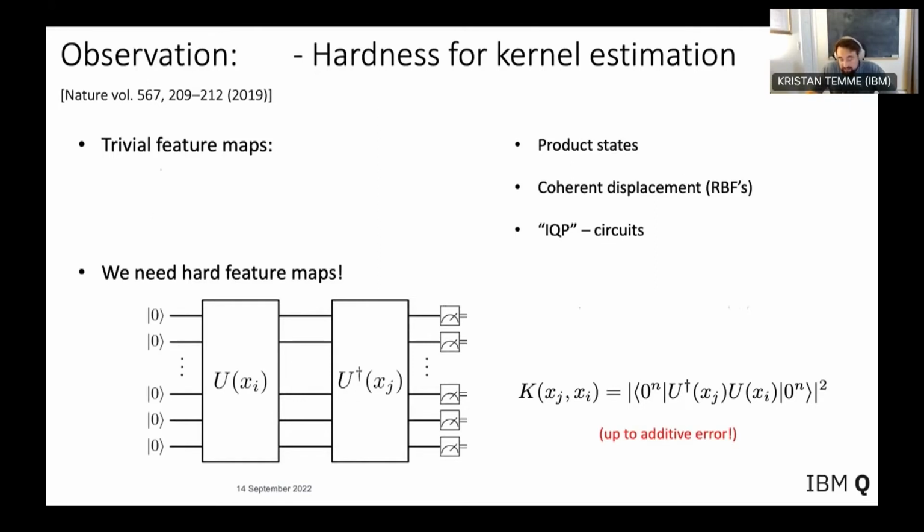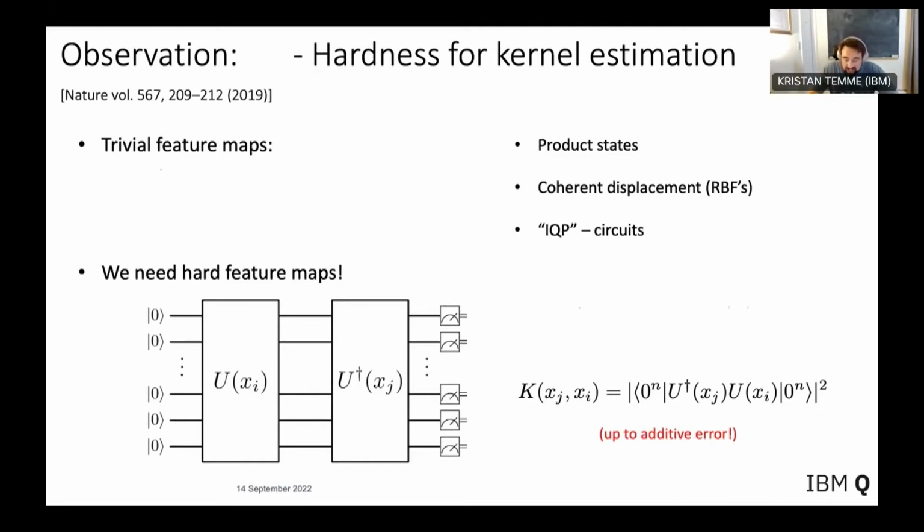So how would these feature maps be presented, and how would you use them in an algorithm? Well, these feature maps are basically unitary circuit families that depend on the data that you want to prepare, right? In the first case, it was just single qubit rotations, but there might be more complicated ones. And what the kernel then corresponds to is that you prepare the initial zero state, you evolve forward with a particular element of that feature map circuit family, U(x_i), you evolve backwards with U(x_j), and then you count how many times you see zero.